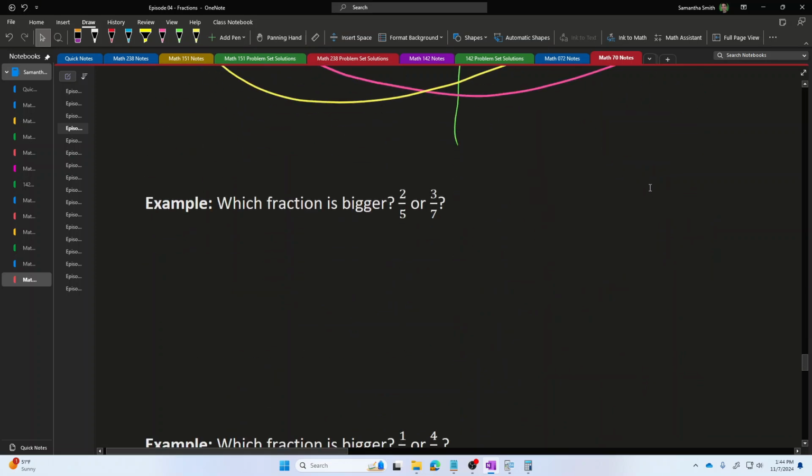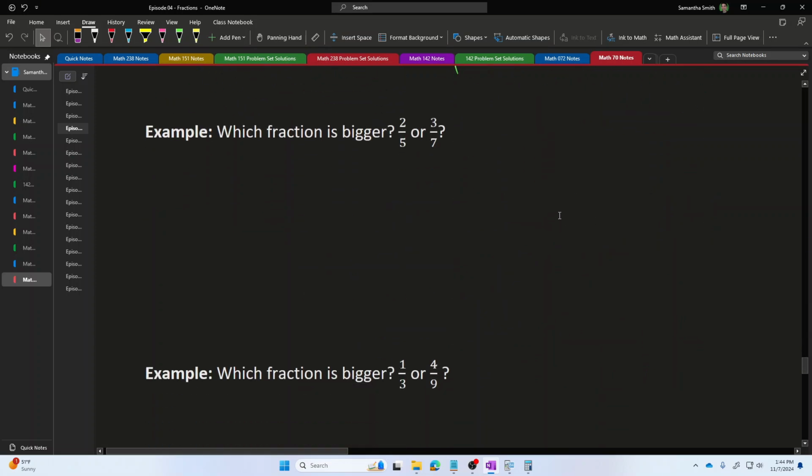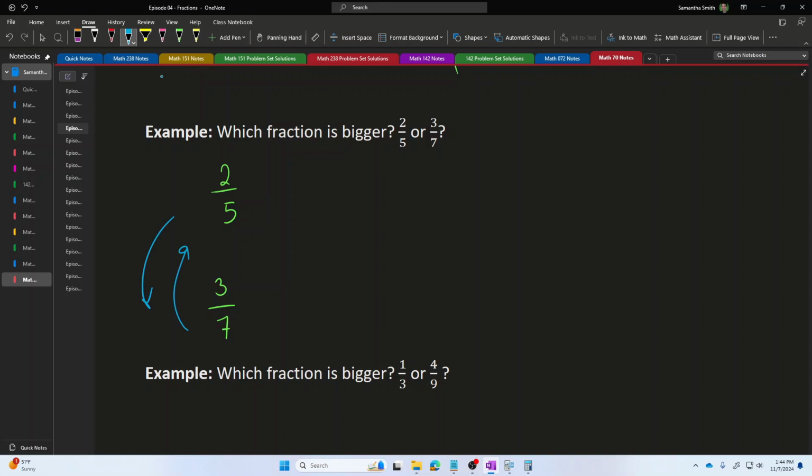Let's try that again. Comparing the fractions 2/5 and 3/7. I'm going to take 2/5 and I'm going to take 3/7, and I'm going to basically exchange their denominators a little bit.